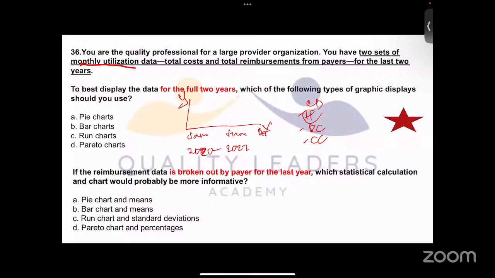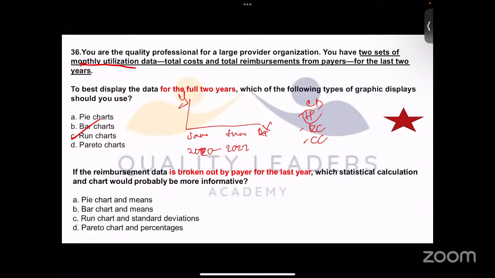The total cost and total reimbursement over the 2 years, to check whether reimbursement matches costs or if there is a gap. So what is the best type of graph to be used here? It is the run chart. For the two sets of data over the full 2 years, we will use the run chart.